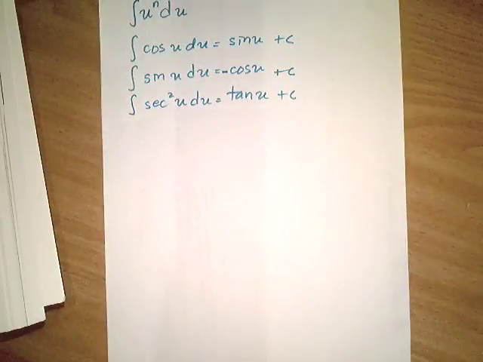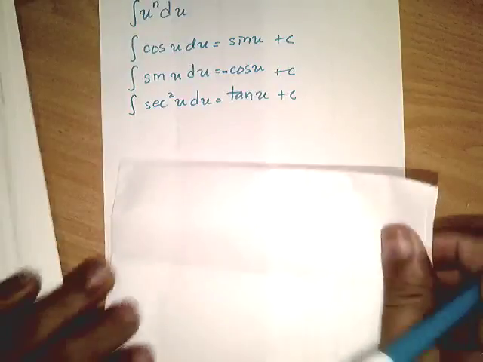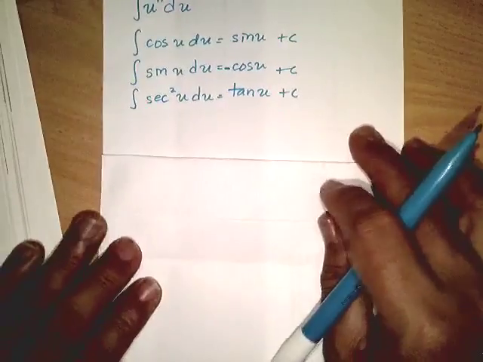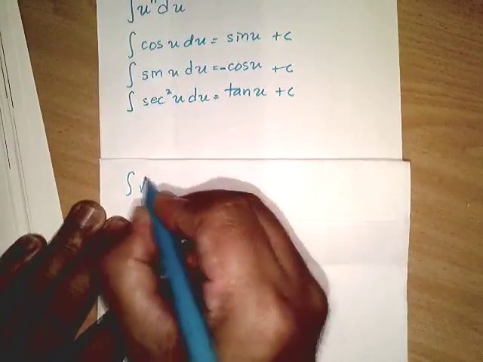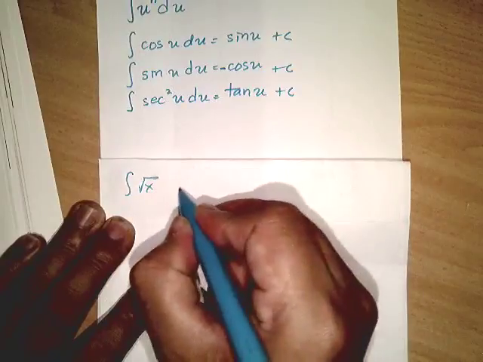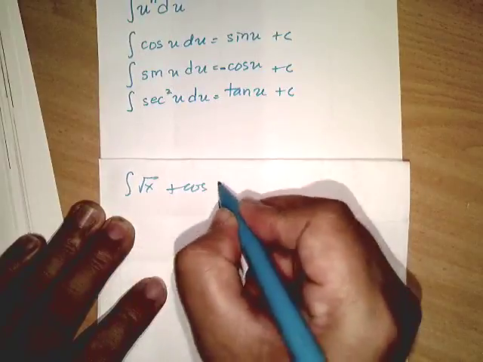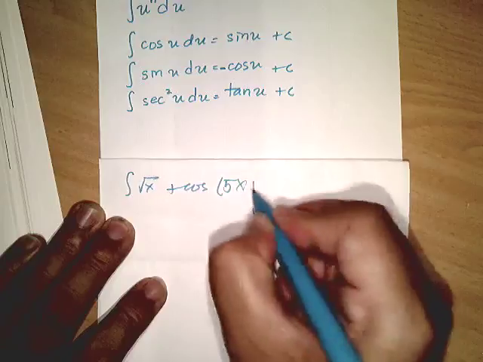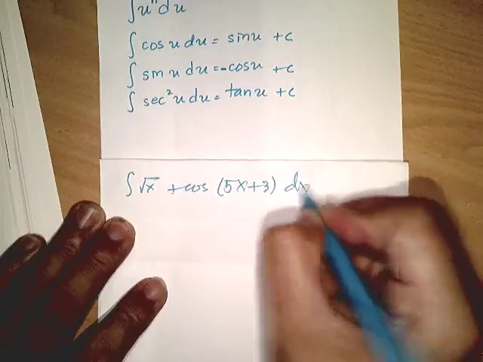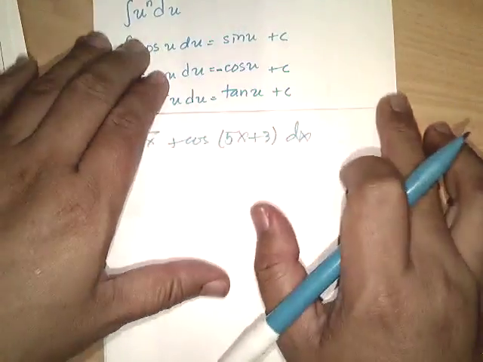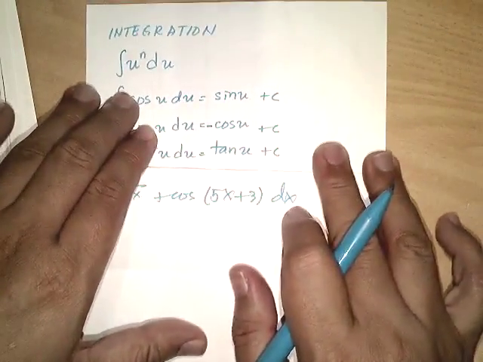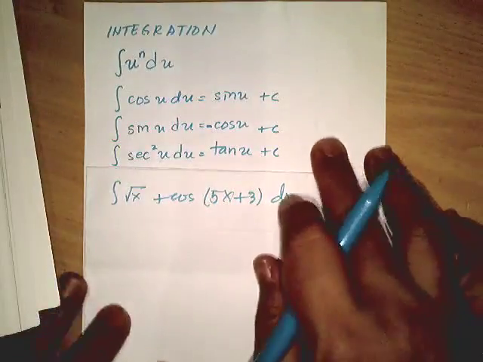Let's write up one more example. Suppose I have the integral of the square root of x plus cosine of 5x plus 3 dx. So again, what are we going to do?